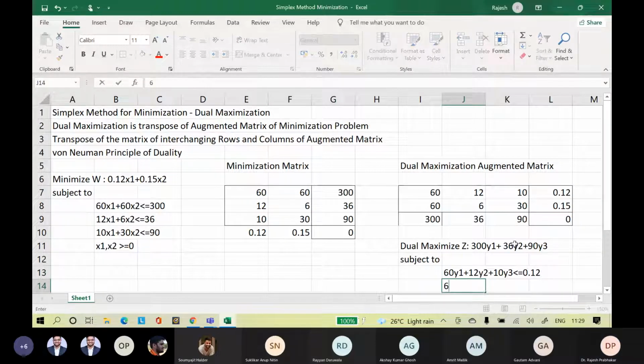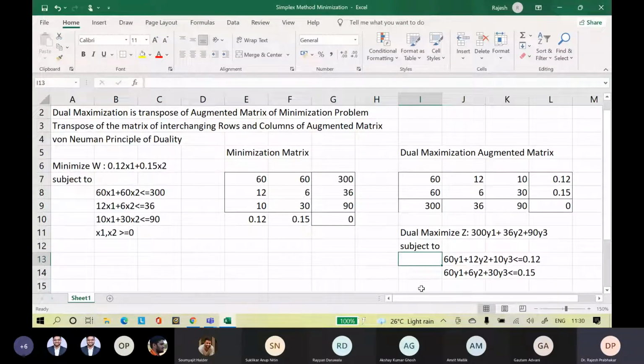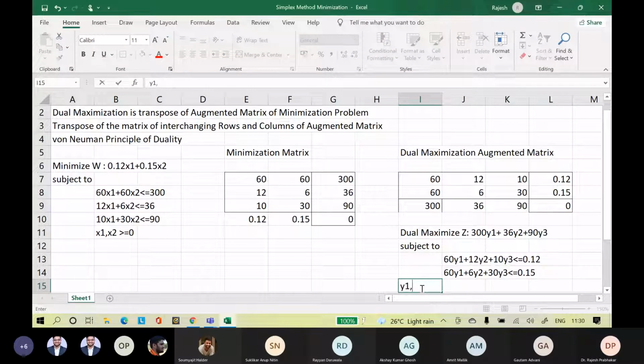Similarly, 60y1 plus 6y2 plus 30y3 less than equal to 0.15, and the values y1, y2, y3 greater than equal to 0.